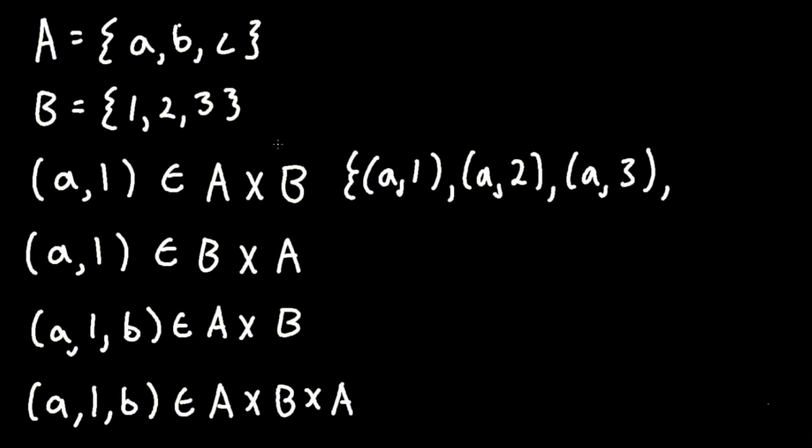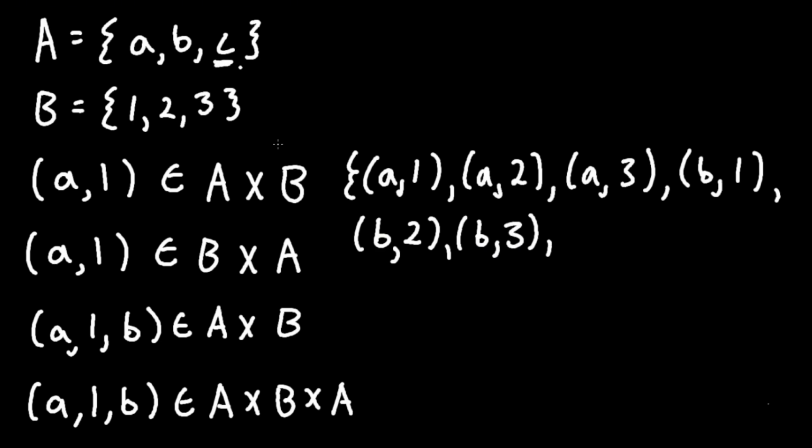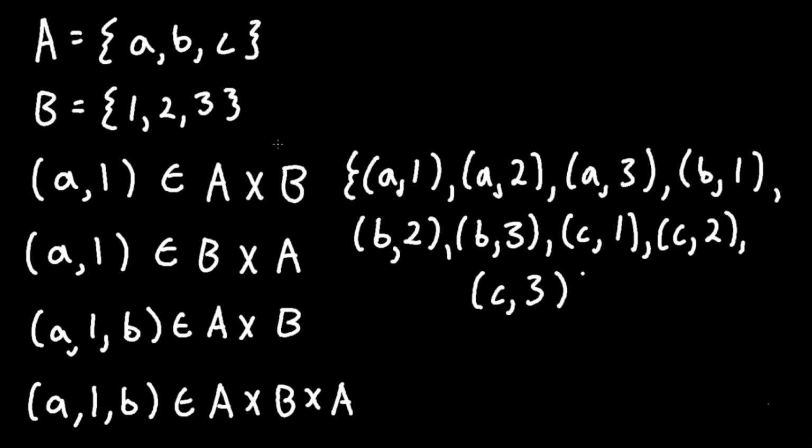And we take the next element of set A, which is B. So we do B1, B2, B3. And we take the next element of set A and pair it with everything in set B. So we write down C1, C2, and C3. So this right here is A x B.